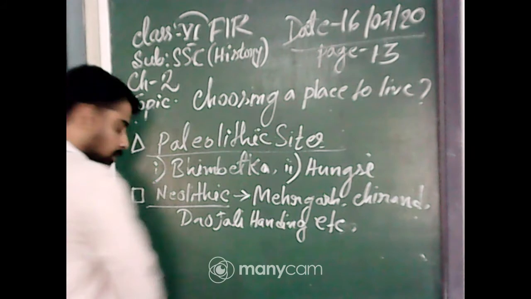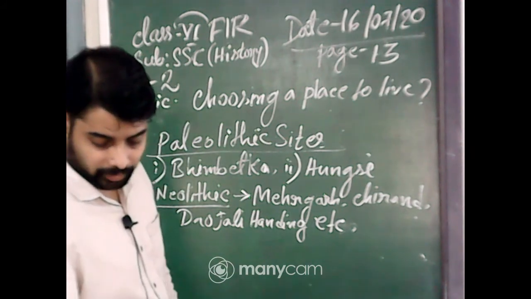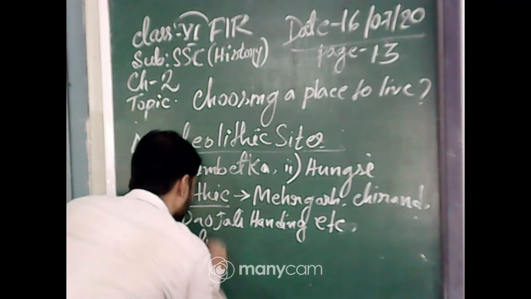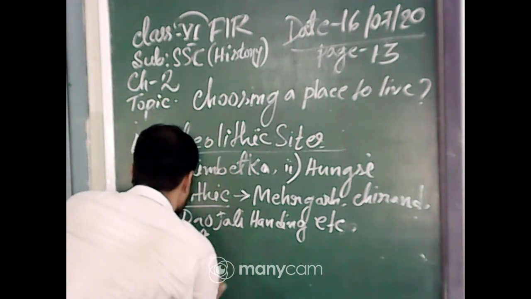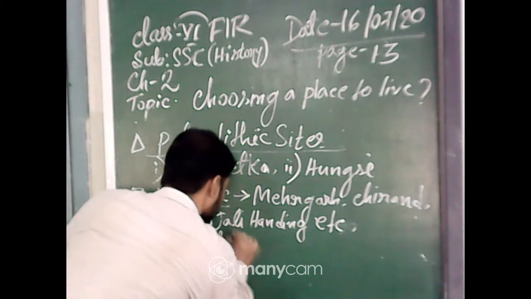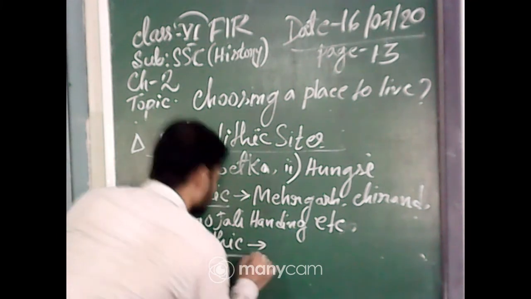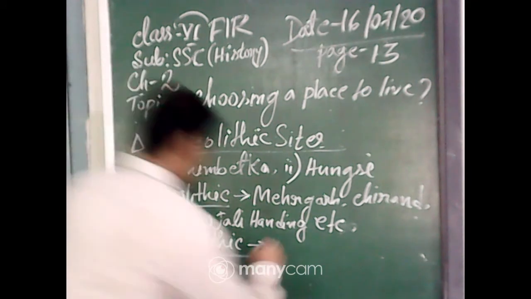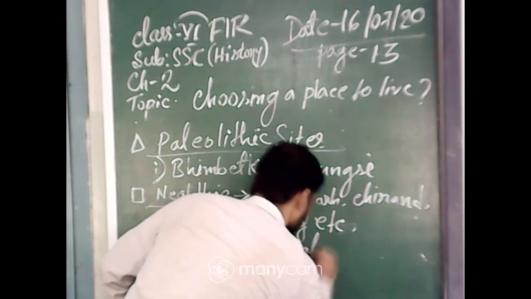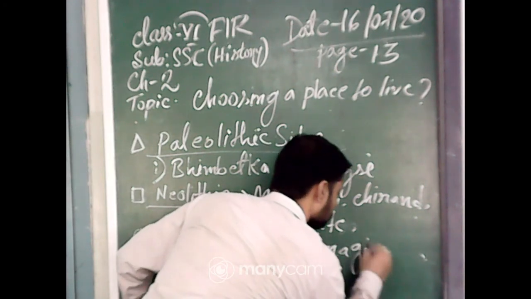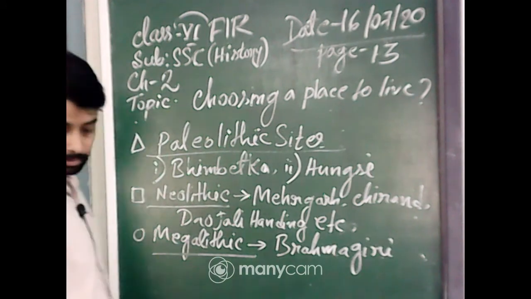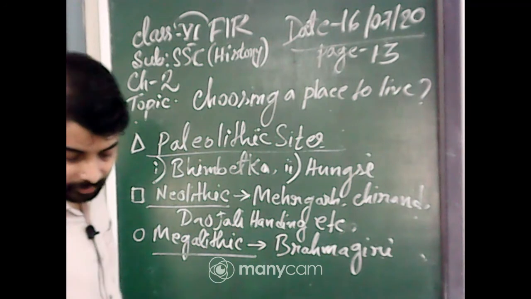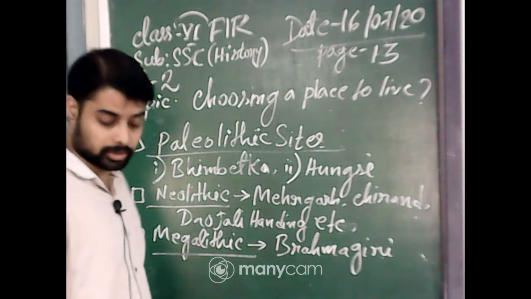Okay. So next, what is mentioned next is megalithic sites. You will read later about what a megalith is. Megalithic sites are Brahmagiri and Adichanallur.